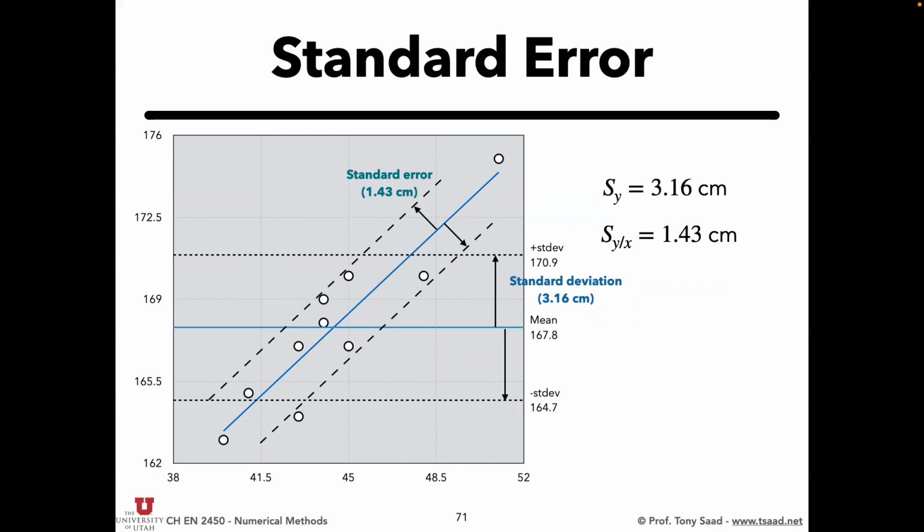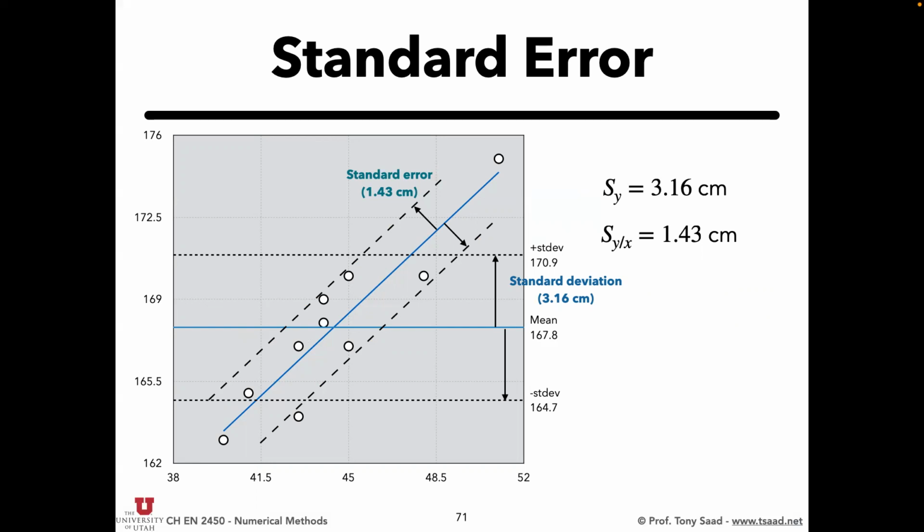So if you think about regression as saying, okay, I'm going to use a model that is a better fit to describe the data than just the mean value, by how much did you change that spread of data around your model?